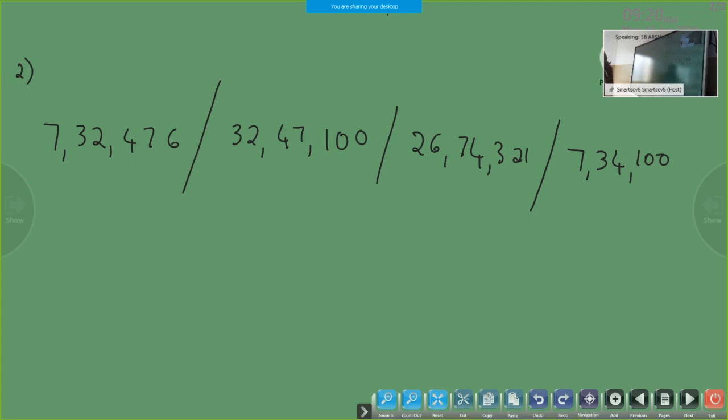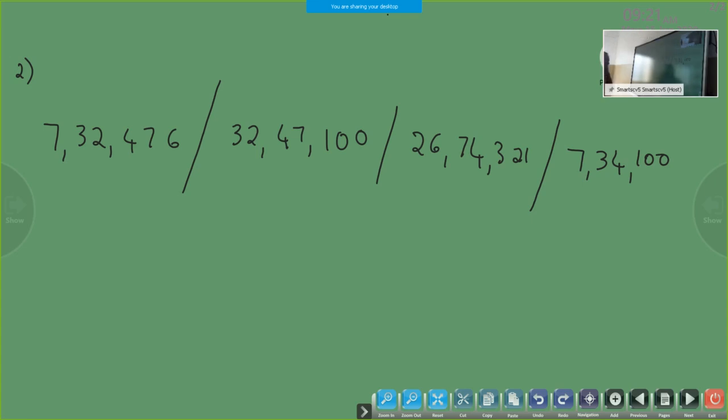Very good. It is smaller to bigger. So, how can you find out the smallest number in these 4 numbers? Smallest number. Is anyone helping you? Your mom is helping you? Okay, Arshia, give me the answer.